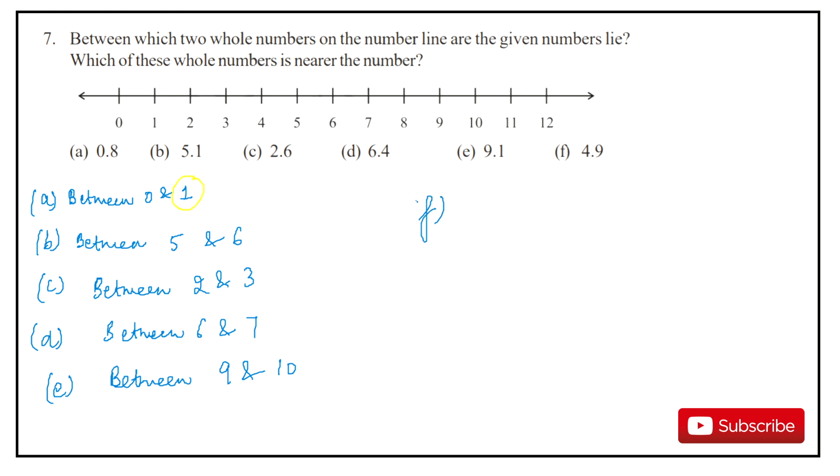F part, 4.9, that is between 4 and 5. Yes. Now we will circle the numbers that are nearer. 5.1 is nearer to 5, 2.6 is nearer to 3, 6.4 is nearer to 6, 9.1 is again nearer to 9, and 4.9 is nearer to 5.